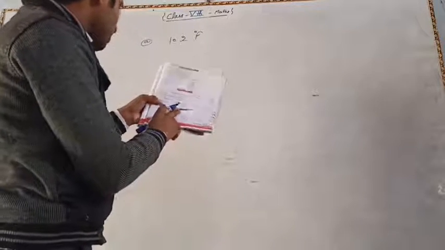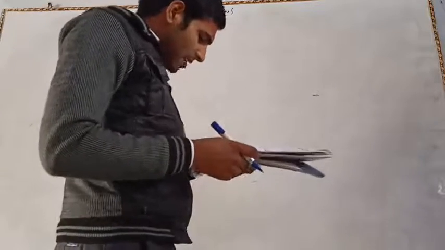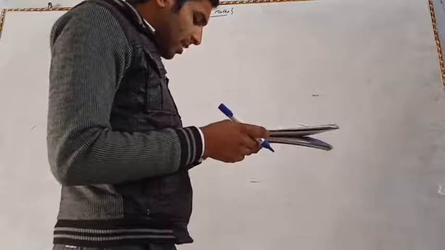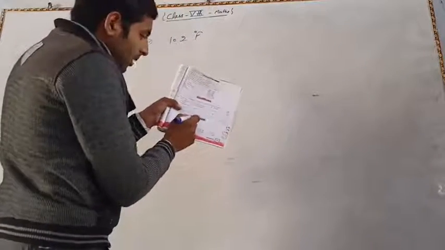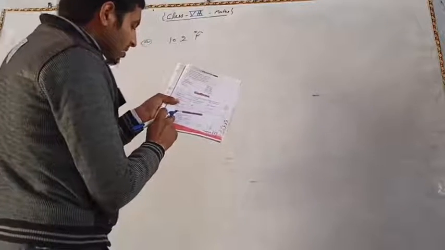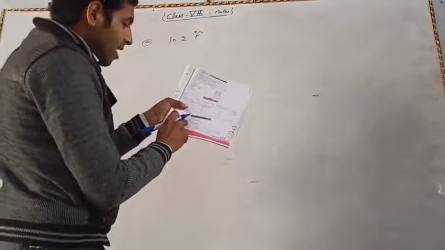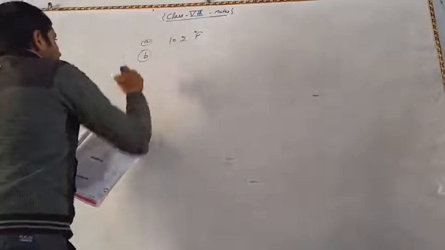Okay, and now in part B: why is there a box around 37 on the scale?